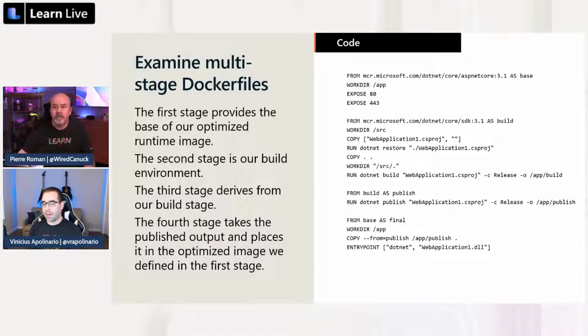And then the final one is, I'm going to take everything that was created before, and now copy only the things I need to this one. So what happens here in the fourth stage is that we go back to that working directory and we copy the content from the publish stage into the final one, which is the fourth stage.